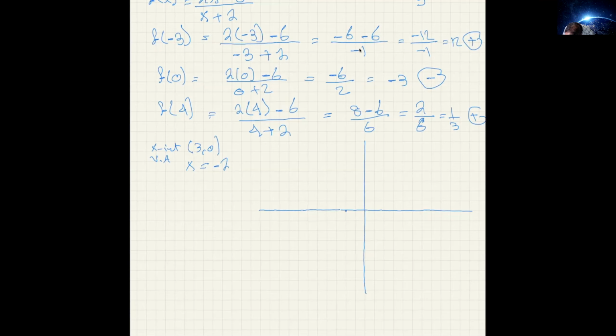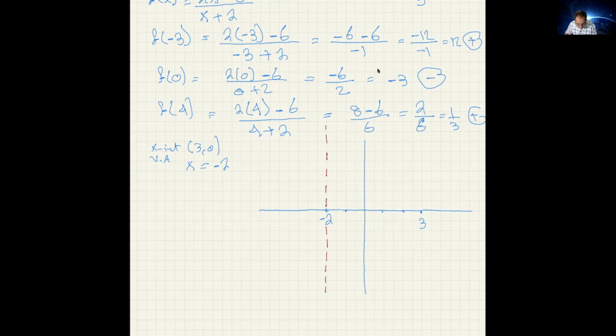So this is -1, and here is -2. And also I have 3. So 1, 2, 3. Okay. And now I will draw a dotted line at -2. Okay, so this is the first step I do.